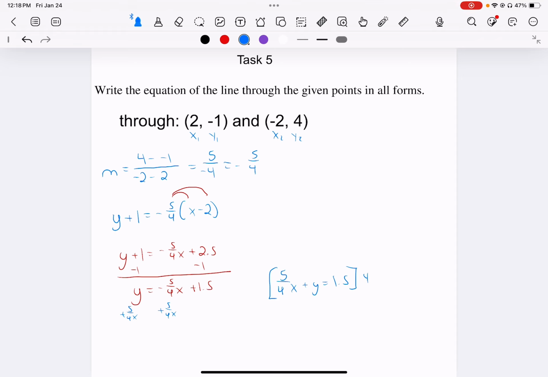Multiply everything by 4, so I have 5x plus 4y is equal to 6. So this is my point-slope form. This is my slope-intercept form. And this is my standard form.